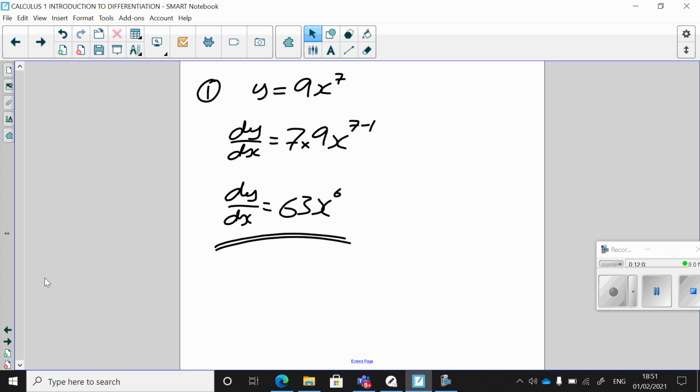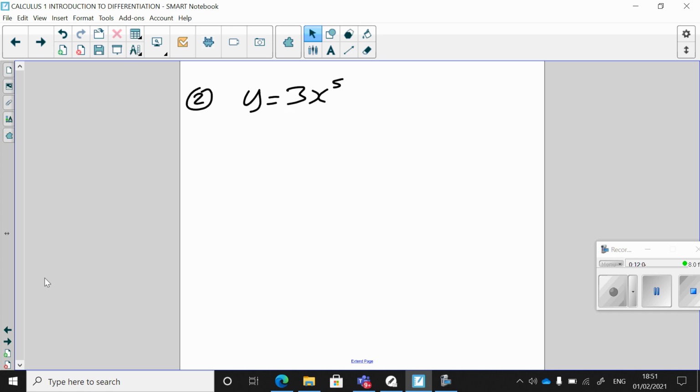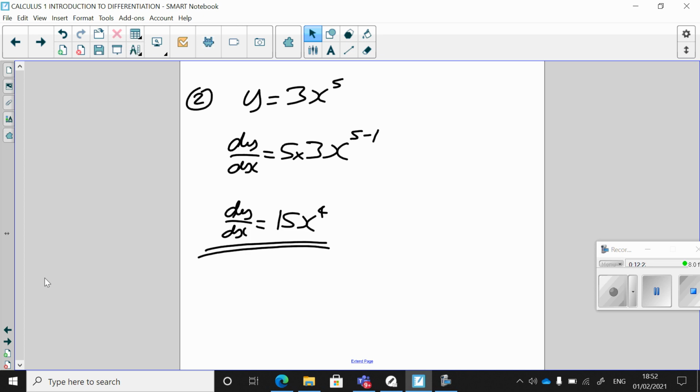You're just moving things about the page. 3x to the 5, let's bring the 5 down in front of the 3. Leave x alone and subtract 1 from the power 5. Tidy up, 5 threes are 15, 5 take 1 is 4. That's your derivative. It's as easy as that. That is it. Initially, calculus is not difficult.